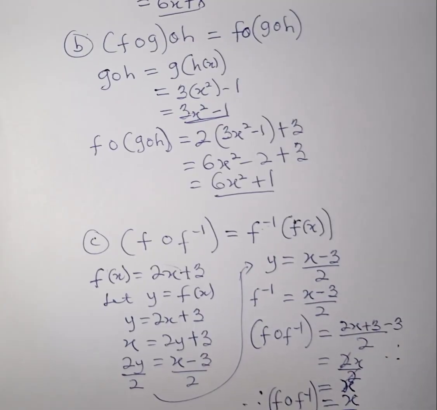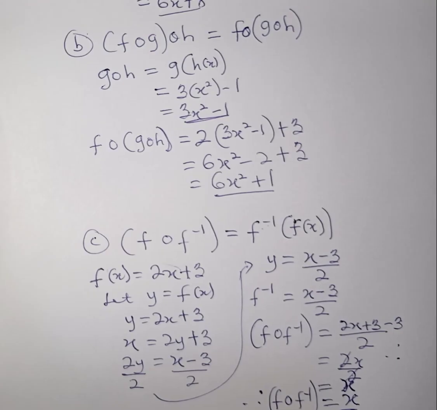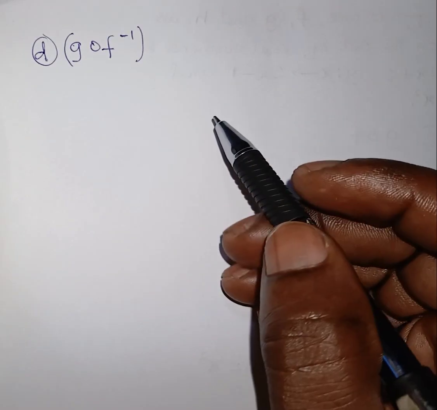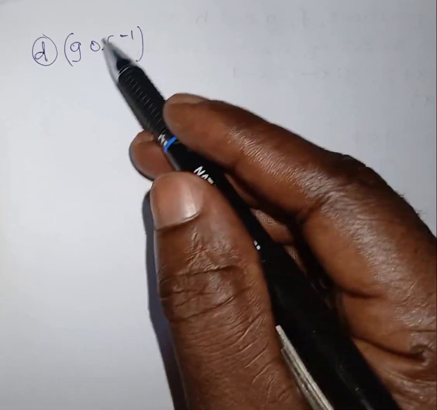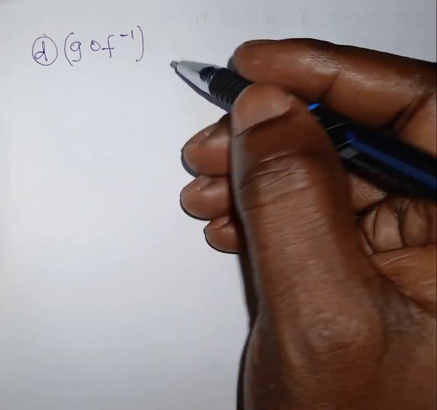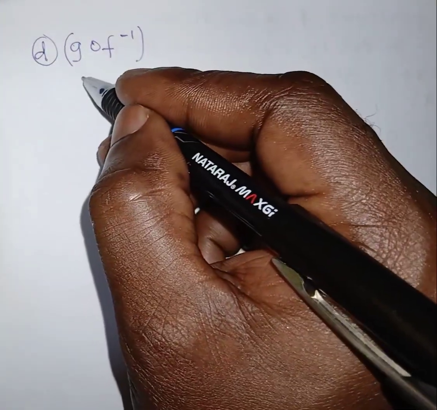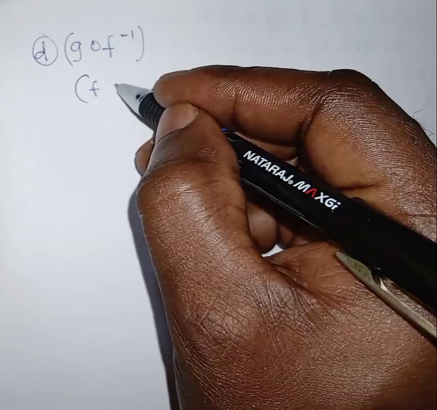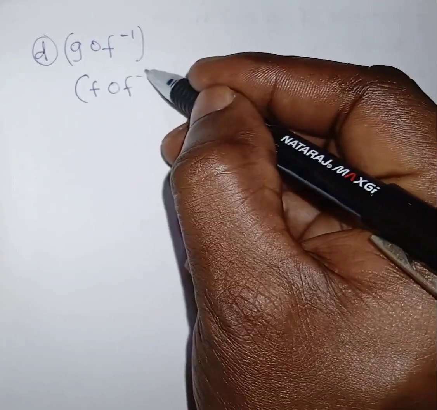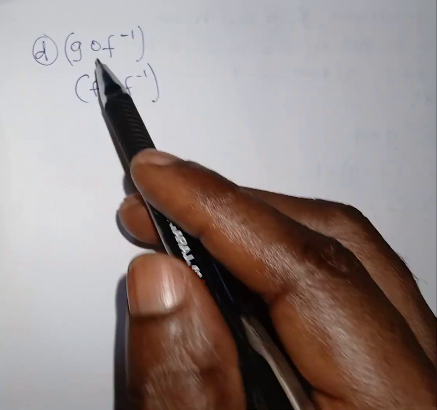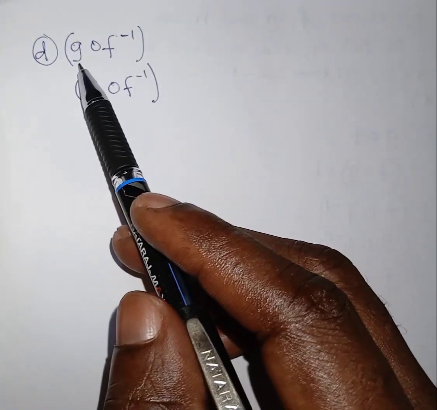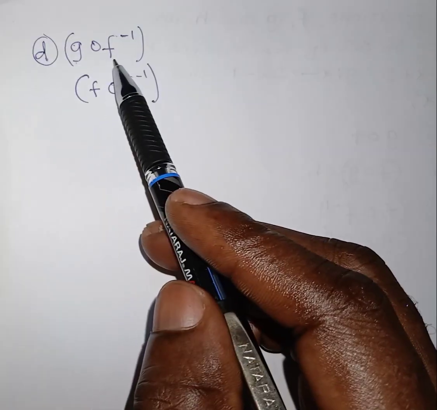Okay, good. Now let's look at the D part. For the D part, I previously said that this property is different from the one we had in the C part. They are not the same. Note that this is g, this is f.